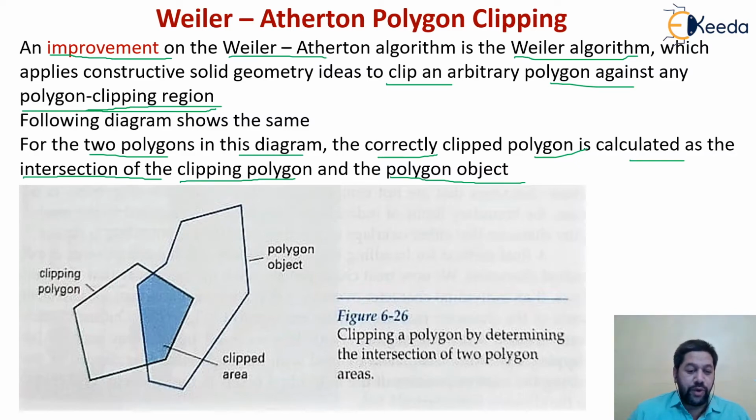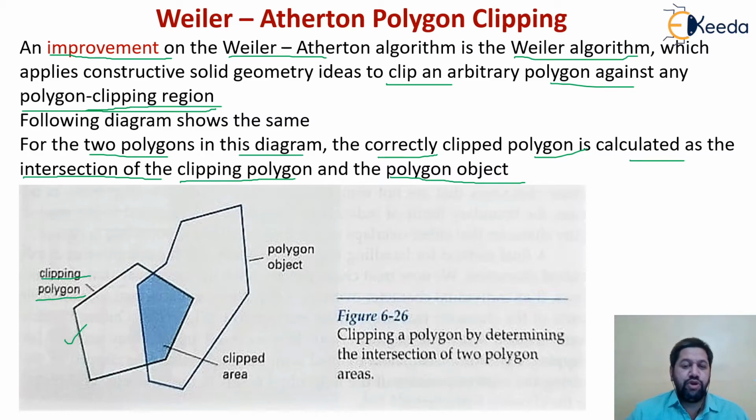I just read the diagram description first: clipping a polygon by determining the intersection of two polygon areas. Now in this diagram, this one is my clipping polygon, which means my clipping window itself is a polygon.